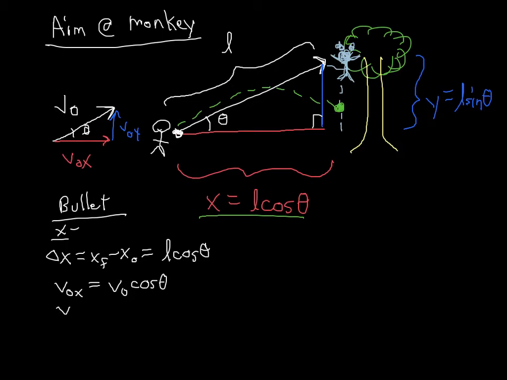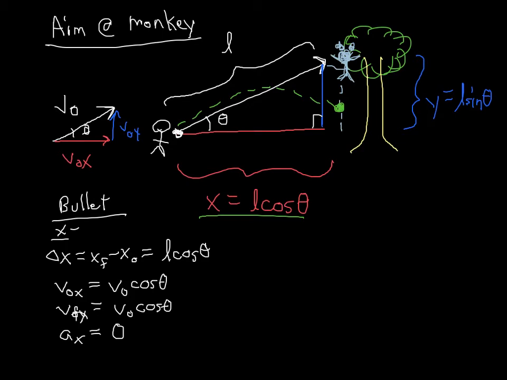This also tells me that V initial y is equal to V0 sine of theta, because of the fact that we get to ignore air resistance. So the acceleration, this should be V final in the x direction, is the same as V initial because a_x is equal to 0, because there's no acceleration in the x direction in our projectile problems.